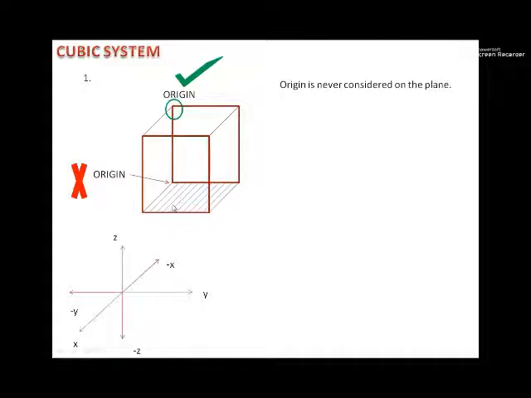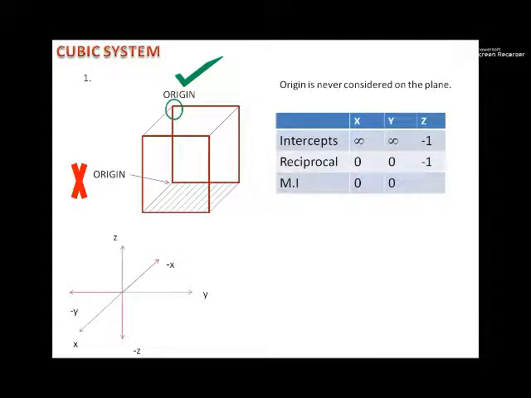This is parallel to the x axis, so this is infinite, and with the y axis, this is again infinite. So what is the value of these Miller indices?